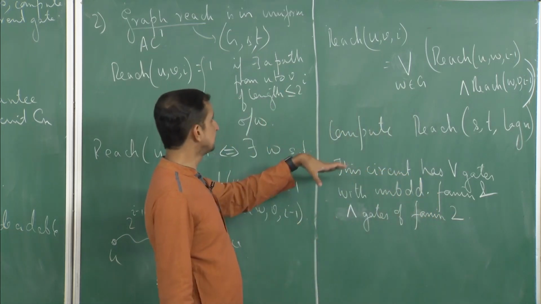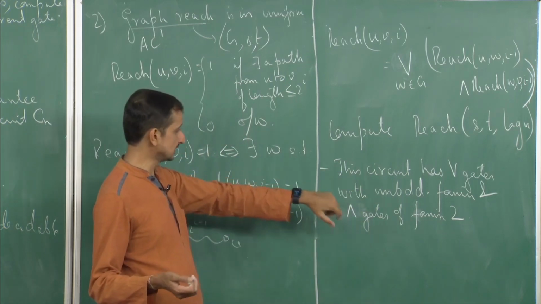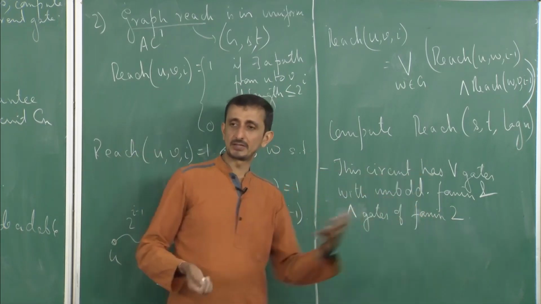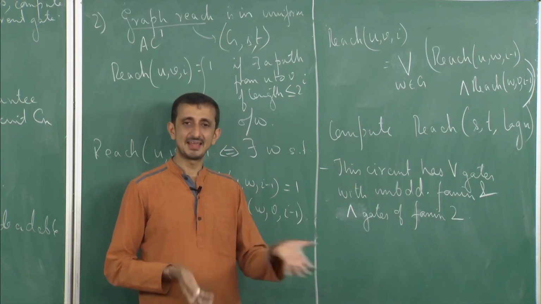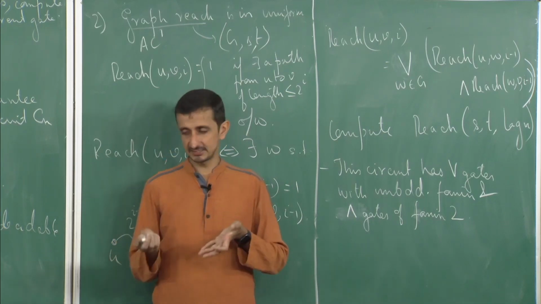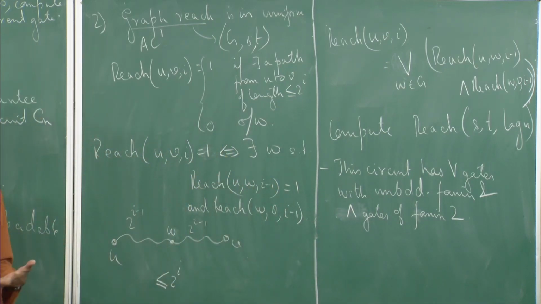So there is a name for this class as well. Of course, this is in AC1, which allows unbounded fan-in for both AND and OR gates, but there is a subclass of AC1 called SAC1. AC stands for alternating circuit, and SAC is semi-alternating circuit.